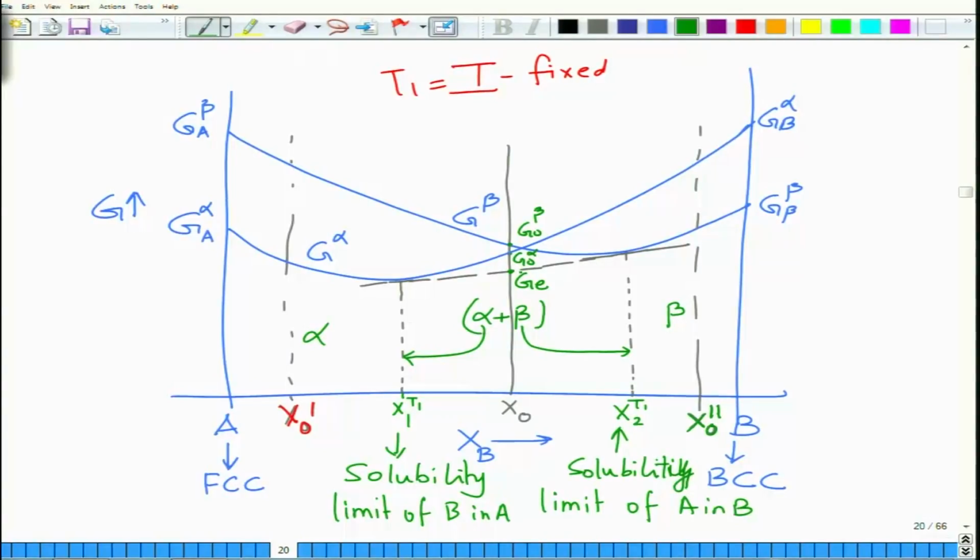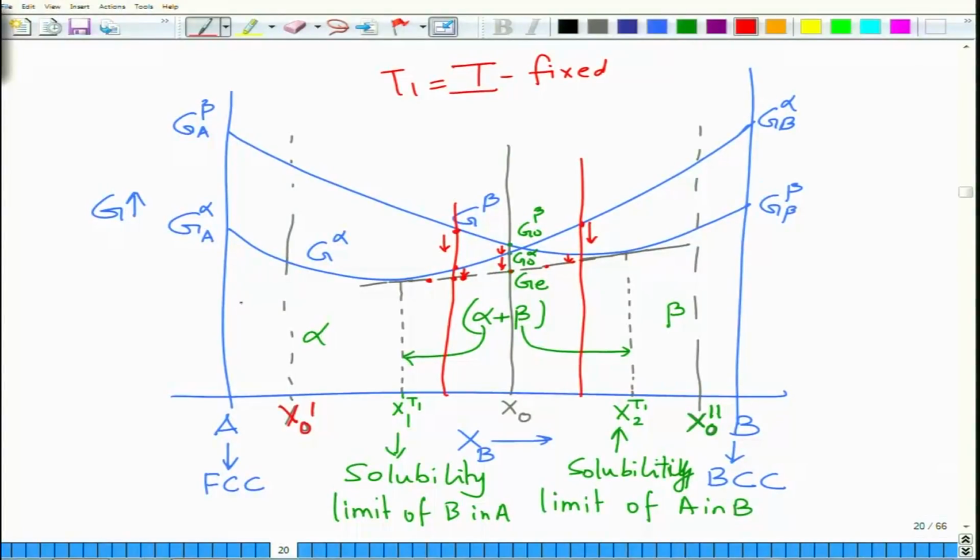So, for any composition, if you draw another composition, for instance here, if you draw for this region, all of them will show a decrease in free energy from here to here, here to here, and then here to here. So, your free energy is given by free energy lying on this line.